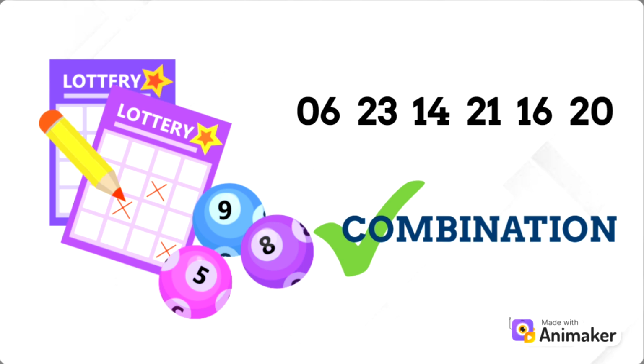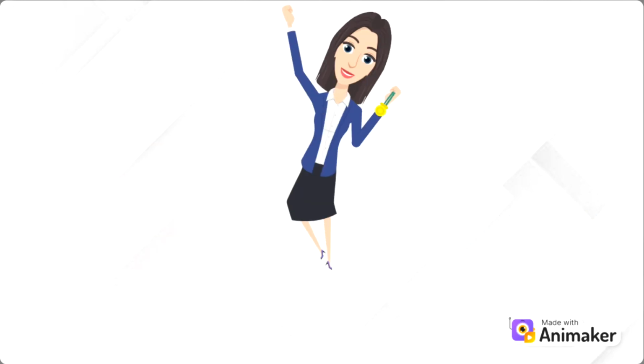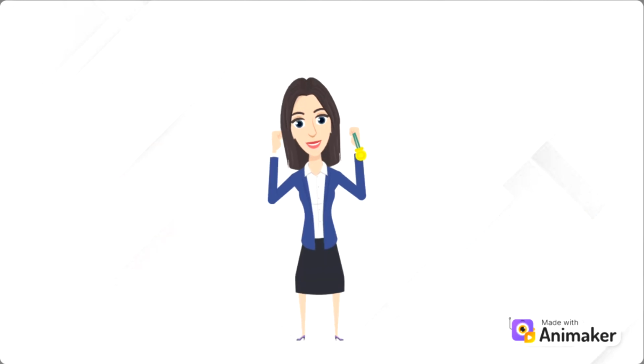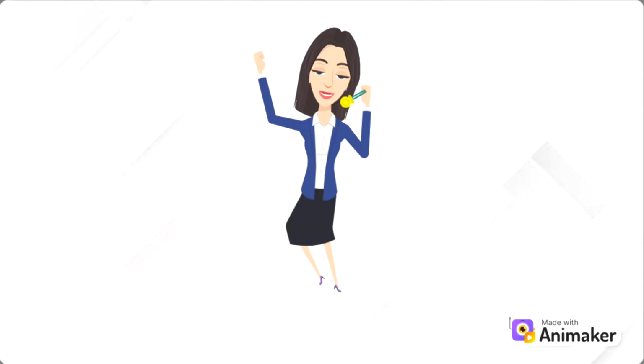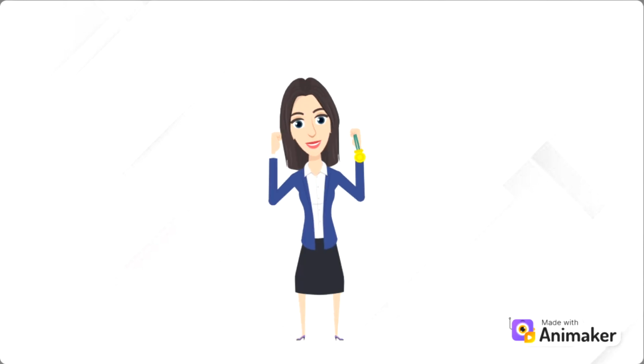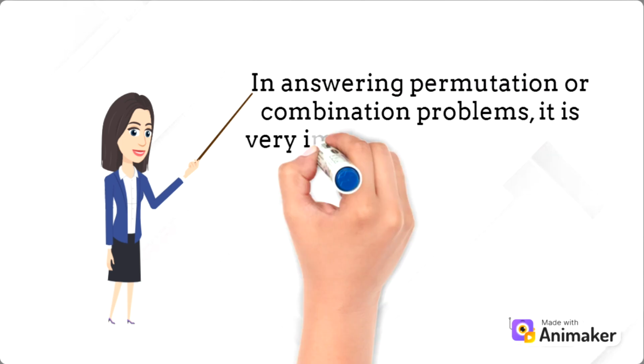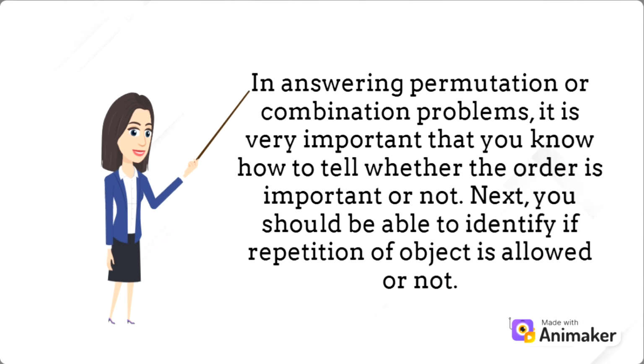You can win the lottery if you have the given numbers in any order. Thus, the order of the objects is not important. In answering permutation or combination problems, it is very important that you know how to tell whether the order is important or not. Next, you should be able to identify if repetition of objects is allowed or not.